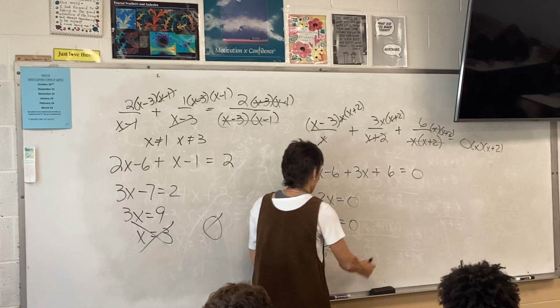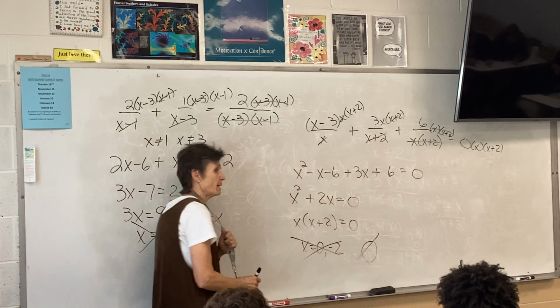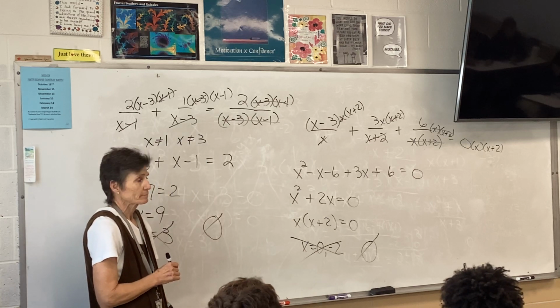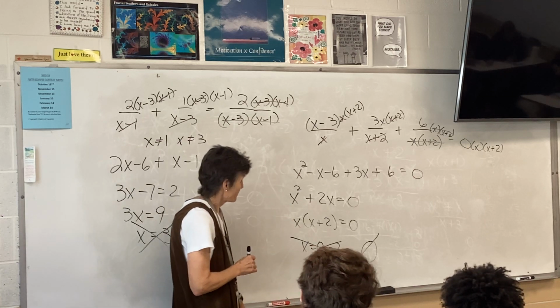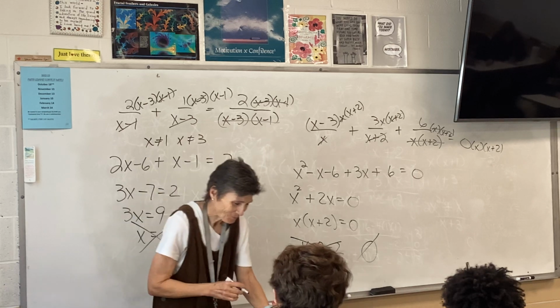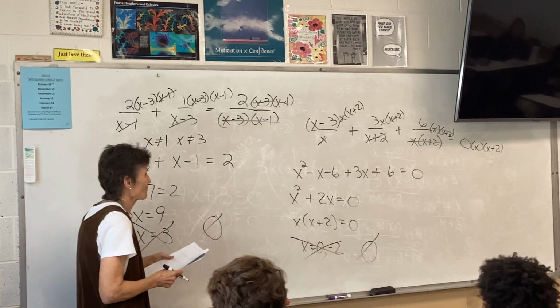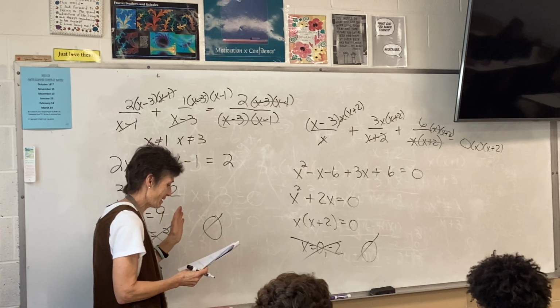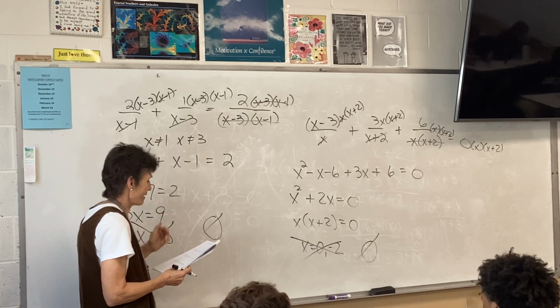Chris says no solution again, because aren't both of those my bad answers? Lots of no solutions. That's okay. That's all right. We're okay with that. All right, so that's pretty easy.